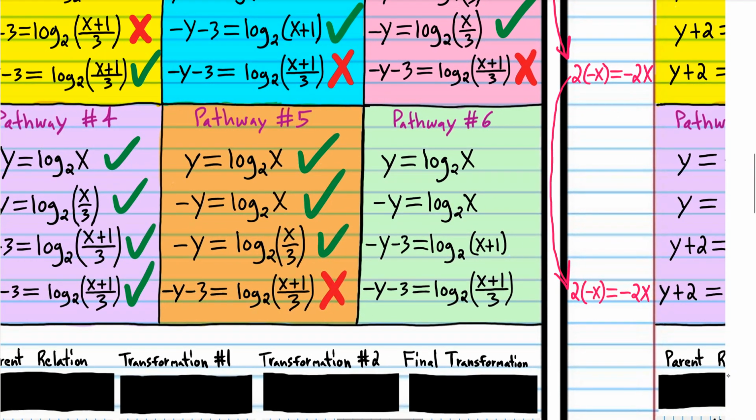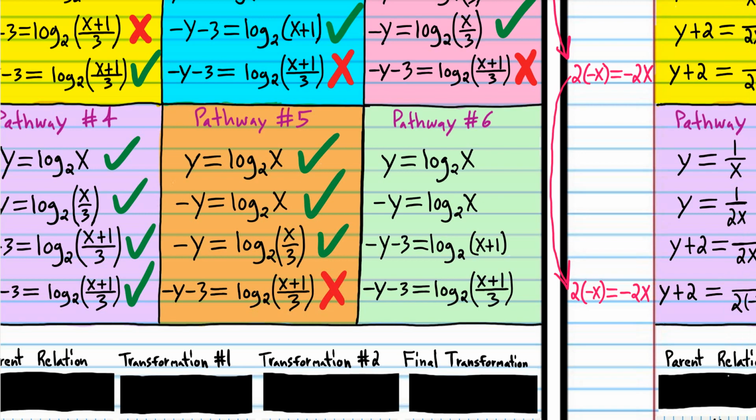All right, pathway number 6. We have our parent equation. We're going to replace y with negative y. That tells us to reflect across the x-axis. But then again, immediately we have a situation. We're subtracting 3 from negative y. So that's not going to be the best choice.